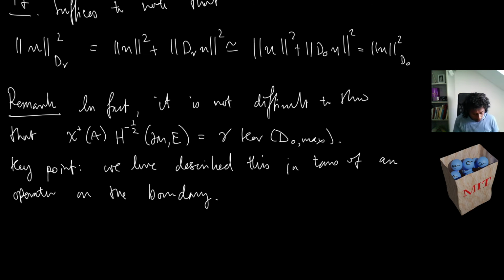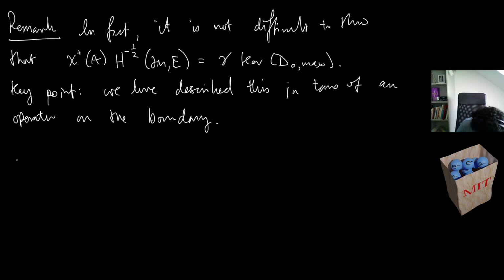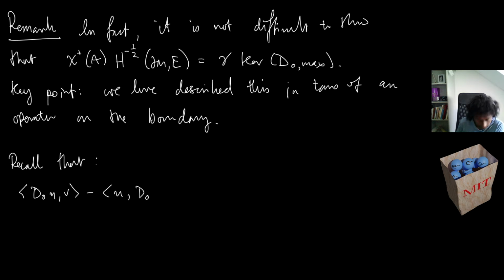So let's push on a little bit more, because we now have the check space, and now we want to understand how to relate the formal adjoint of this operator, and also adjoint boundary conditions. So obviously we want some sort of Green's formula here. So recall that, let's compute D naught u, v minus u, D naught dagger v.